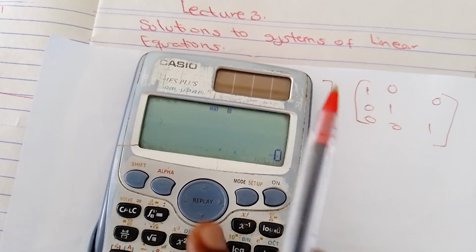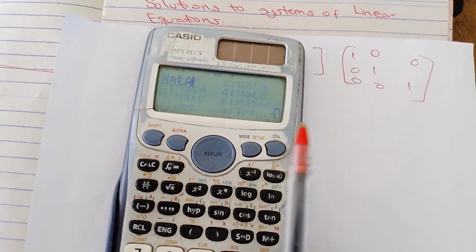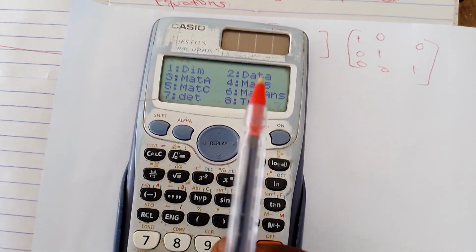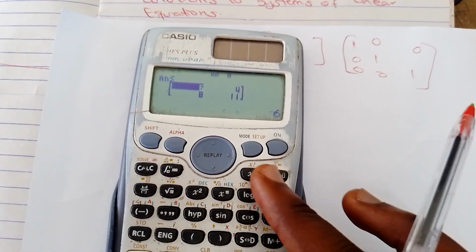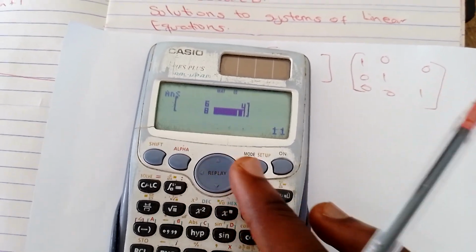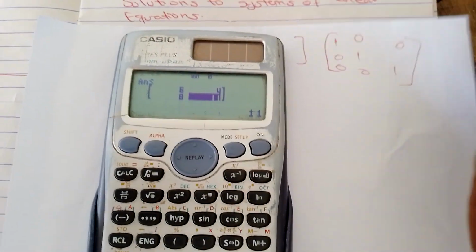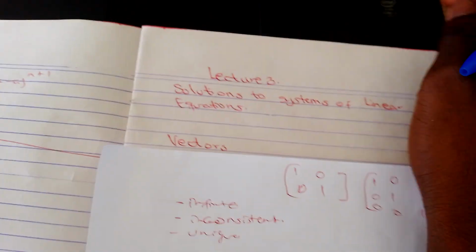You can go back and do matrix 3 plus matrix B, right? You can do this too, and then you get your matrix again. So these are easy ways of solving for matrices. We'll use them when we move on to the next thing. Hope you understand.